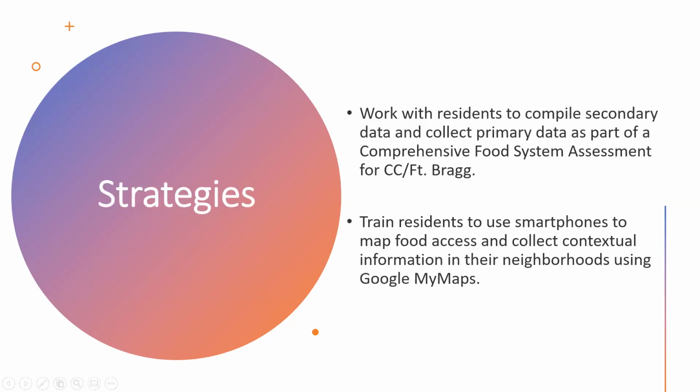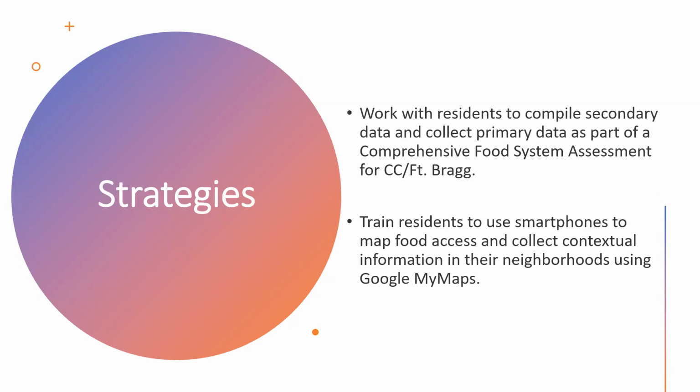So in order to achieve that goal, we have a few different strategies. The thing that we're talking about tonight is one of those strategies. That's working with residents to compile secondary data, which is data that's already out there that we just go and gather and bring in, as well as primary data, which is data that we go and collect ourselves as part of a comprehensive food system assessment.